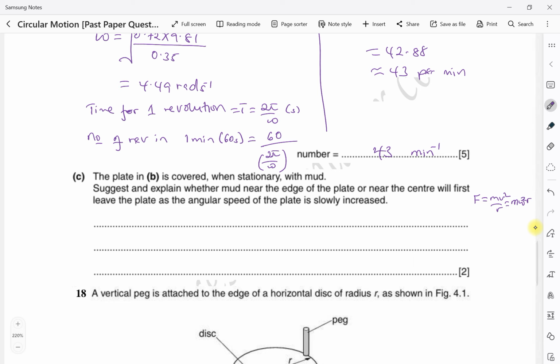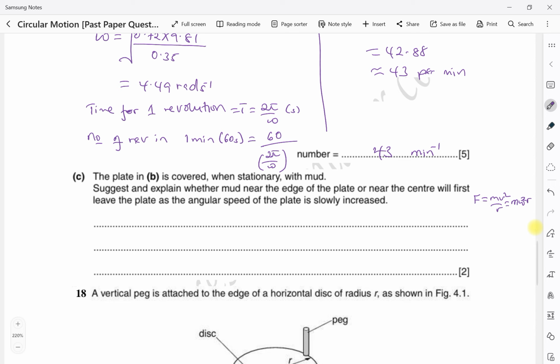So we notice that when r increases, the centripetal force also increases, which means that the centripetal force is larger at the edge than at the center. So the mud will fly off at the edge first.